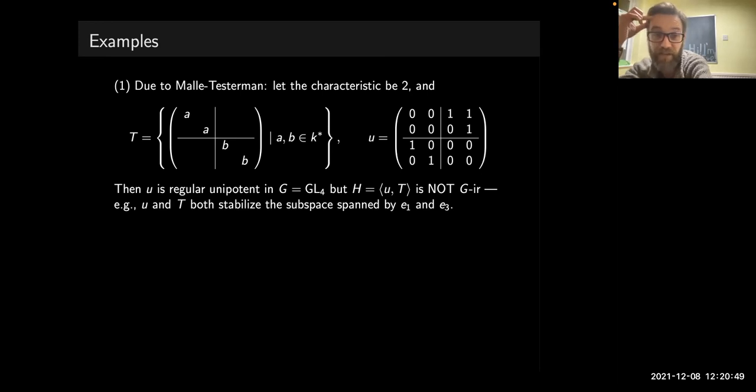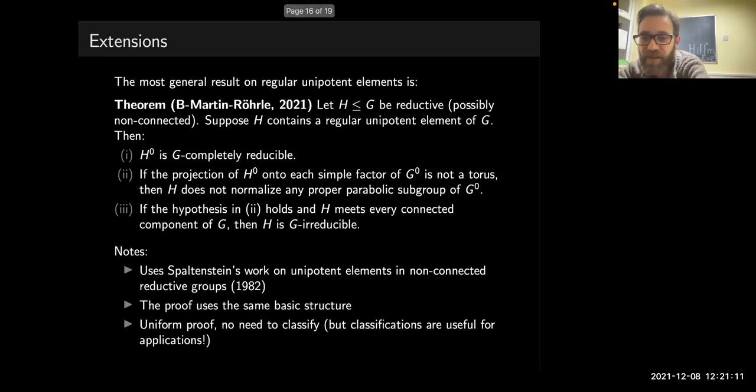T just scales those two vectors independently, and U swaps them. So the subgroup H will be contained inside the proper parabolic that's the stabilizer of this subspace. Just flicking back to the theorem, you need some condition here that rules out nasty tori in the identity component. There's no escape from that.